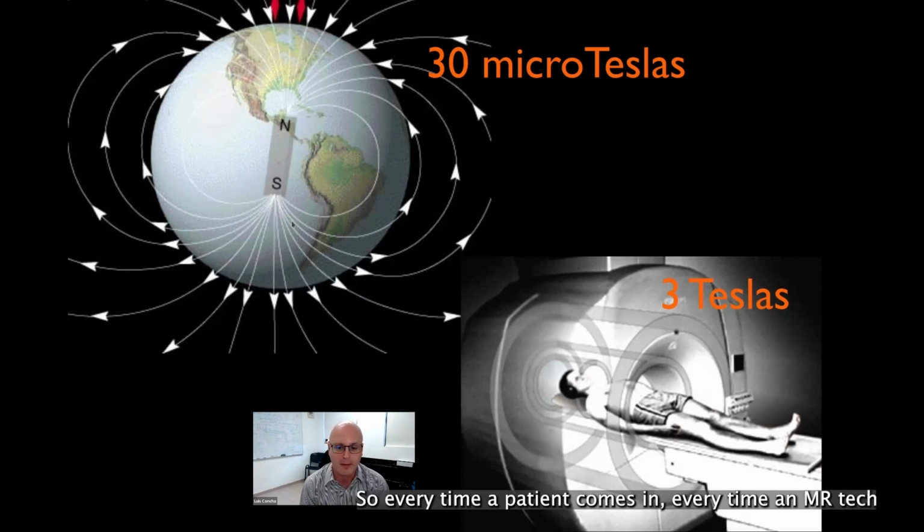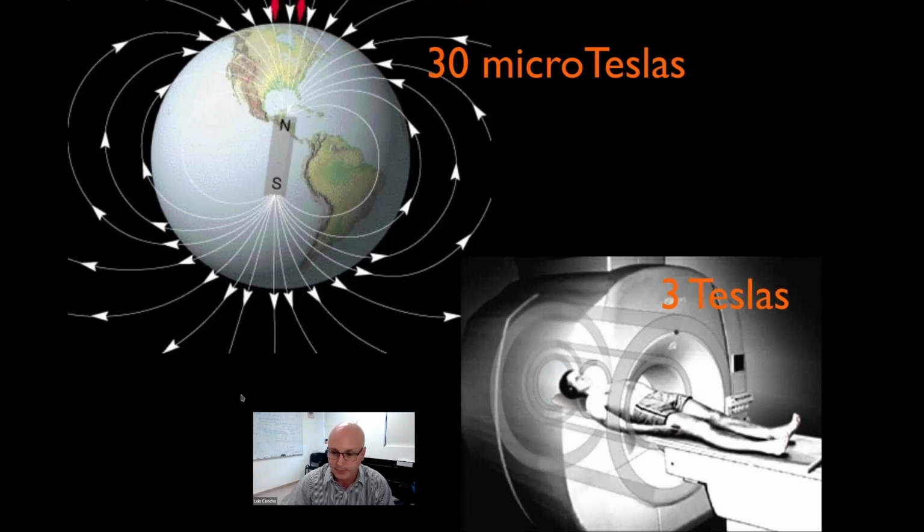So every time a patient comes in, every time an MR tech walks into the room, there's a screening that needs to be done for every person, so that you make sure that there is no metal either inside the body, say a prosthetic hip replacement or a pacemaker, and there's also no metal outside, like no coins in your pockets, you don't have a pair of scissors, a tool, etc.